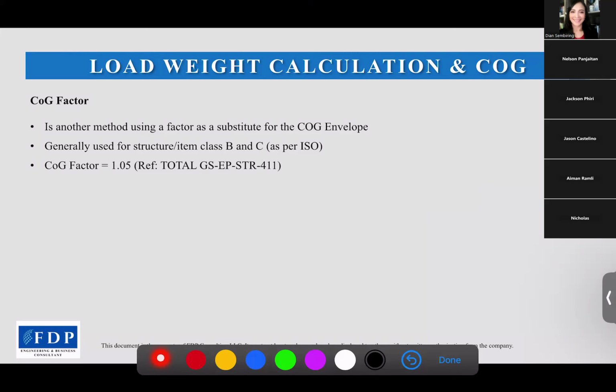So before, we have the gross weight equals net weight times weight contingency, and then as per total GS, it's 1.05. So yeah, it's different between COG envelope and COG factor.